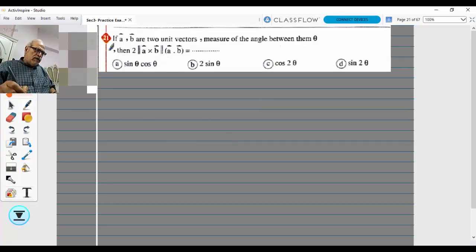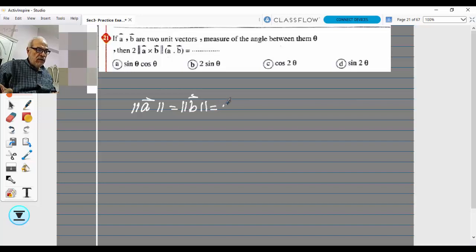Question number 21. If A and B are two unit vectors, so first we have to remember that the norm of A equals the norm of B equals 1, because it is a unit vector. The measure of the angle between them is theta.